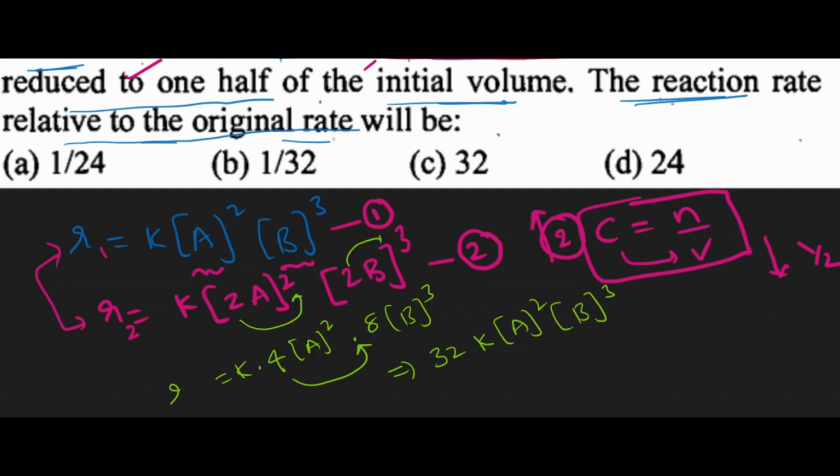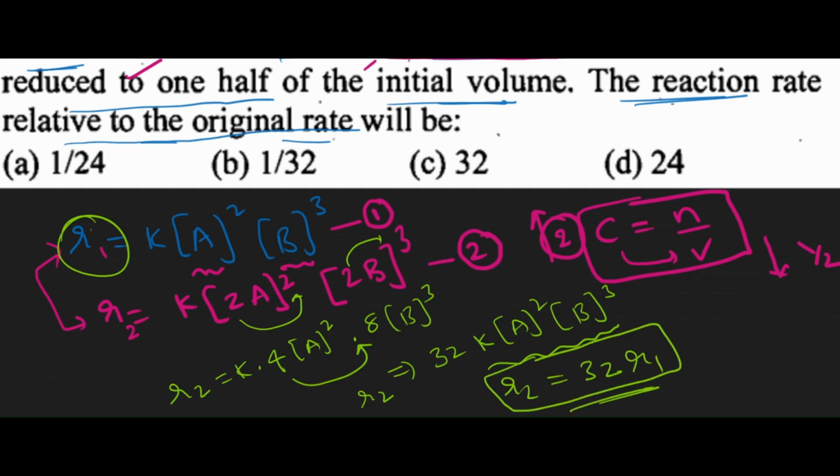So this is the new rate, right? Upon changing the volume, the concentration gets affected like this. Clear? So therefore R2 equal to 32, and this K A square B cube we have assumed as R1. That means R2 is equal to 32 times R1. Clear?